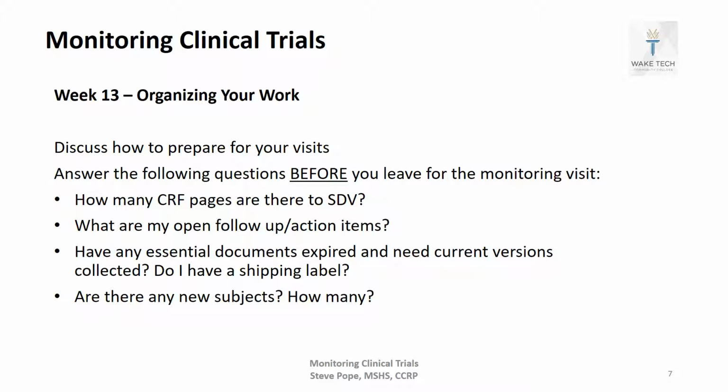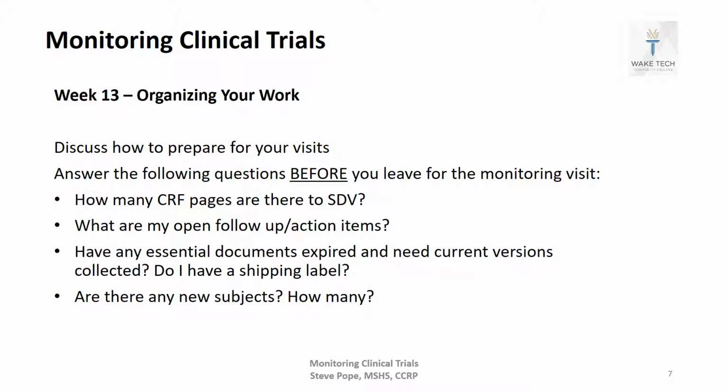The next question, have any essential documents expired and you need current versions collected? If you need to collect original documents, do you have a shipping label? Do you have a FedEx envelope to put it in? A lot of times sites will have some of those materials, but they're not going to have a shipping label.